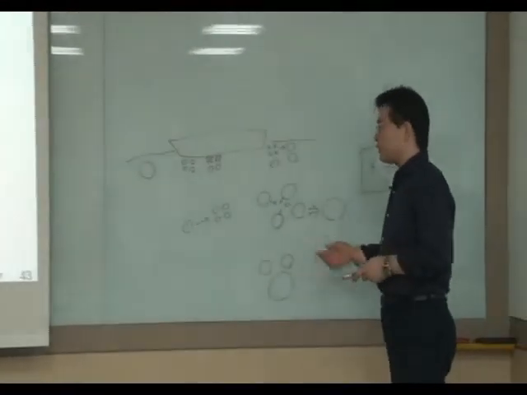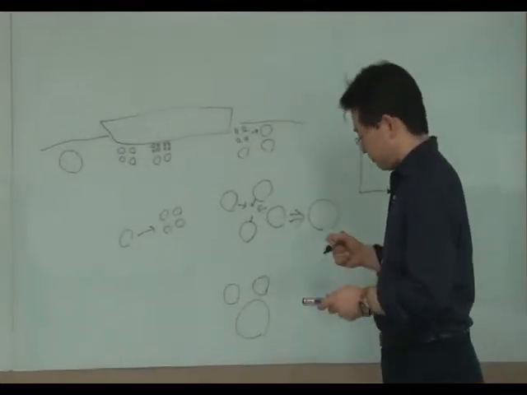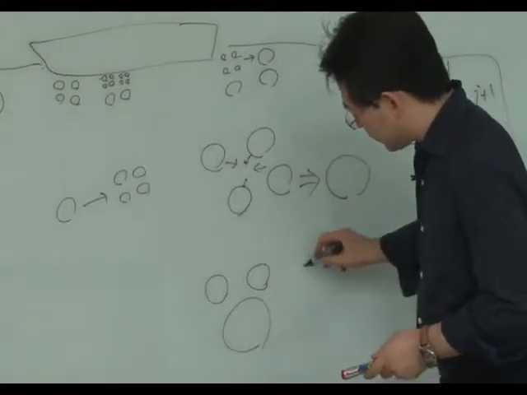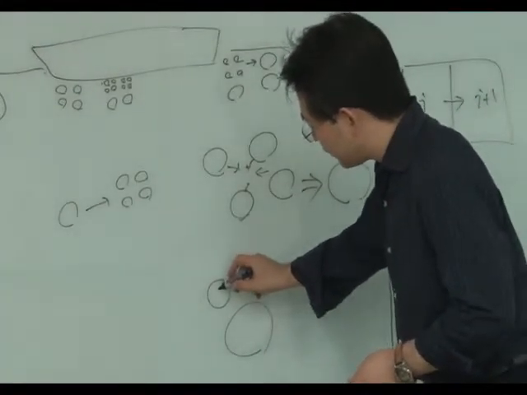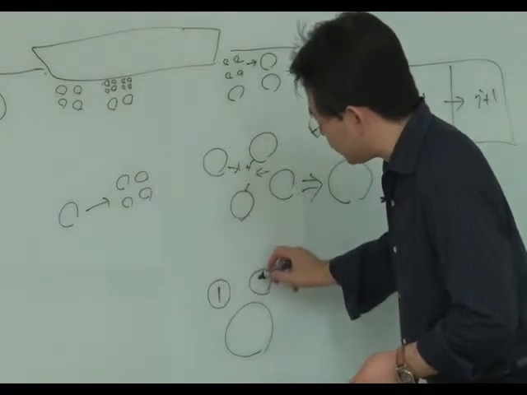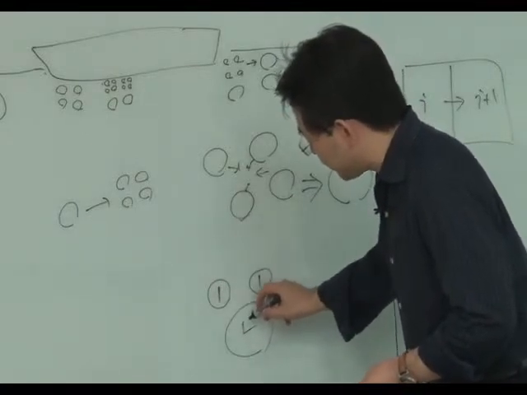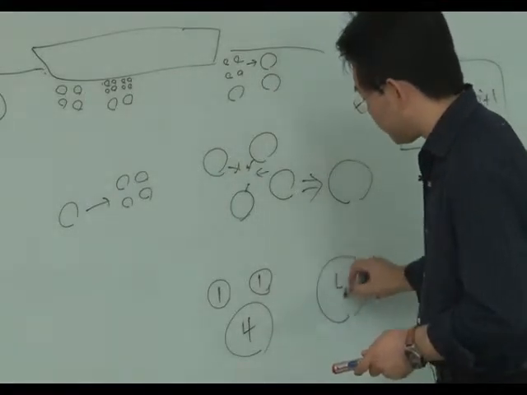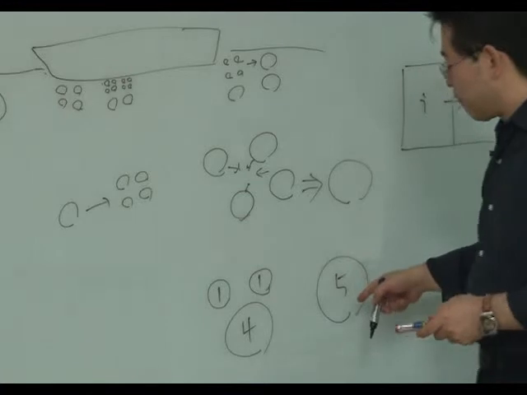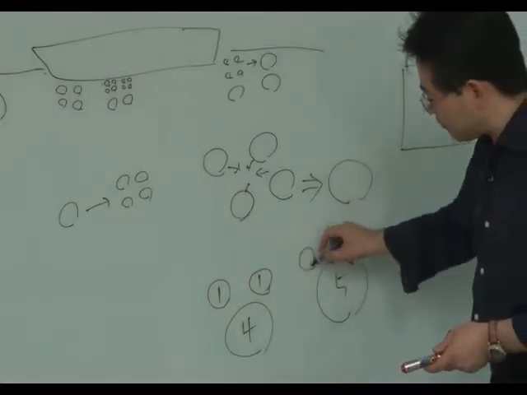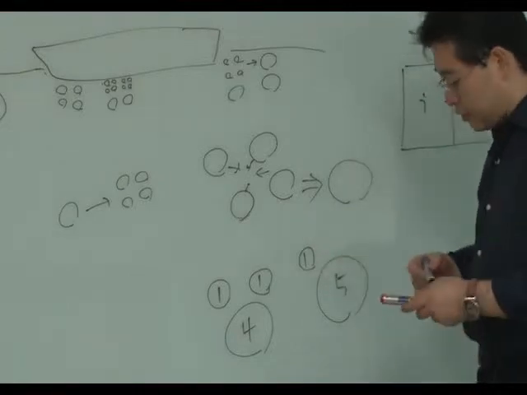Anyway, there will be a solution. So this is the smallest, with unit mass, and this one is 4 times higher mass. The next situation will be a 5 unit mass particle and a 1 unit mass particle.